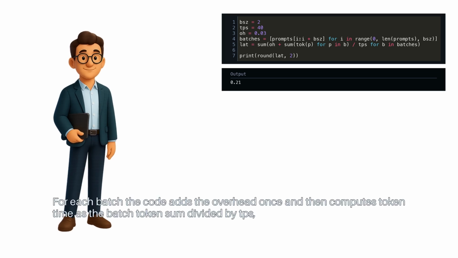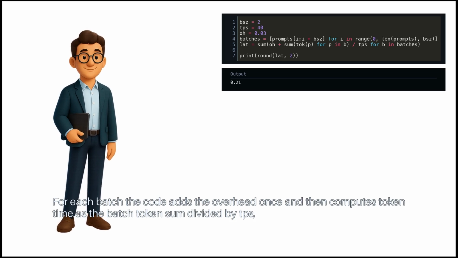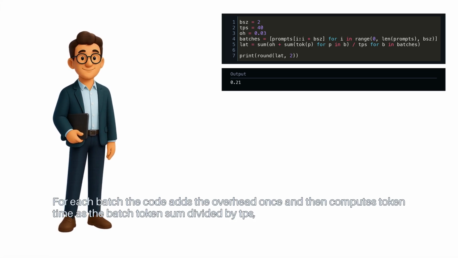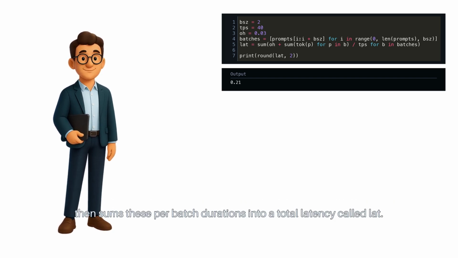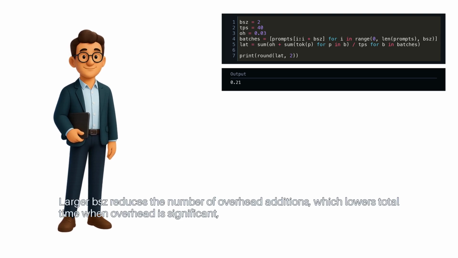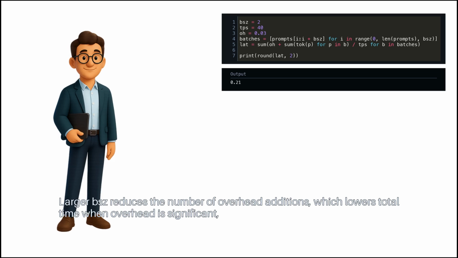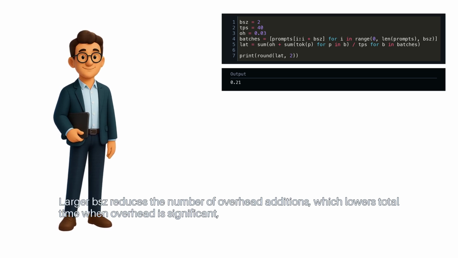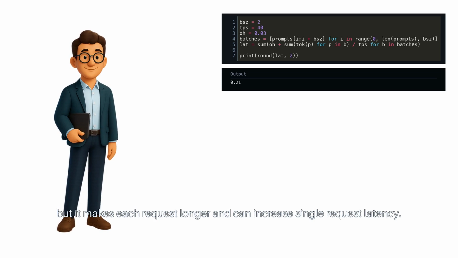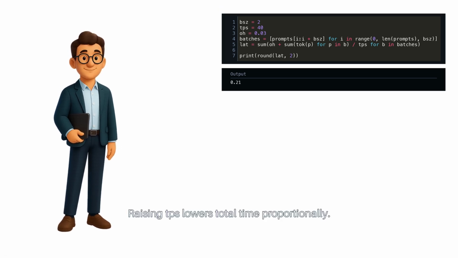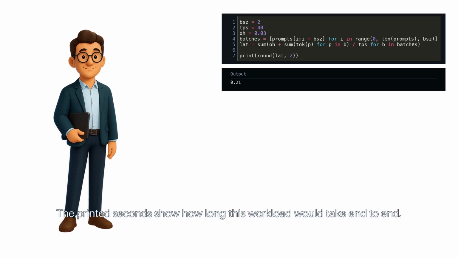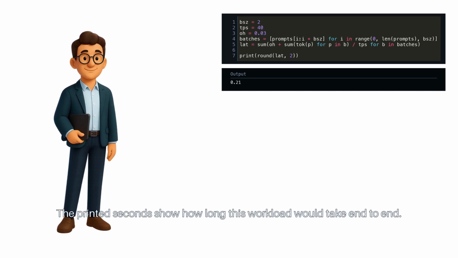For each batch, the code adds the overhead once and then computes token time as the batch token sum divided by TPS, then sums these per batch durations into a total latency called LAT. Larger BSZ reduces the number of overhead additions, which lowers total time when overhead is significant, but it makes each request longer and can increase single request latency. Raising TPS lowers total time proportionally. The printed seconds show how long this workload would take end to end.